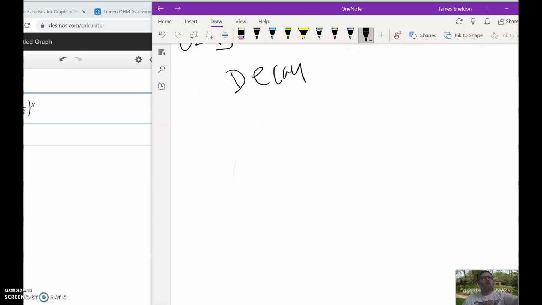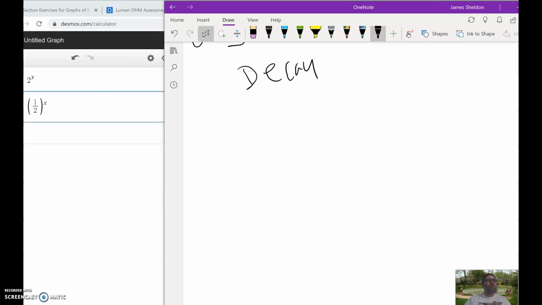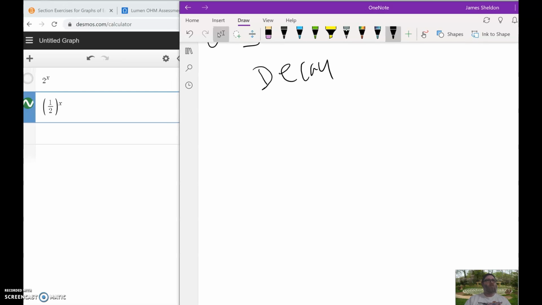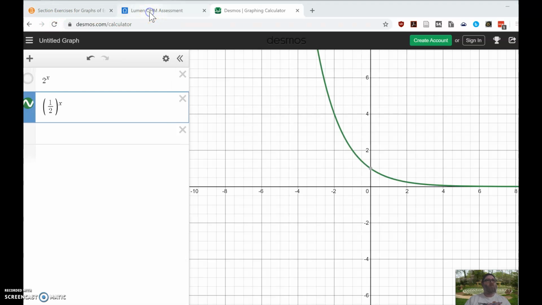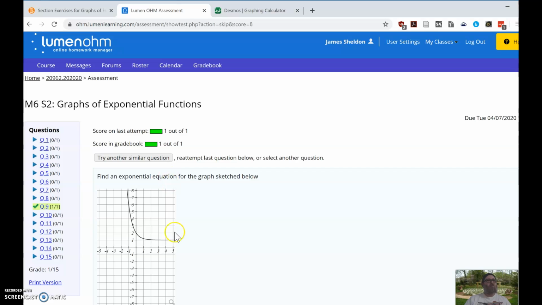And so the next thing we need to look at in the graph that we're looking at, so we can see that it's decay, and then we want to identify the horizontal asymptote, and in particular to see if it's not y equals 0, but if it's some other value. And so here we can hypothesize that the horizontal asymptote is at y equals 1.